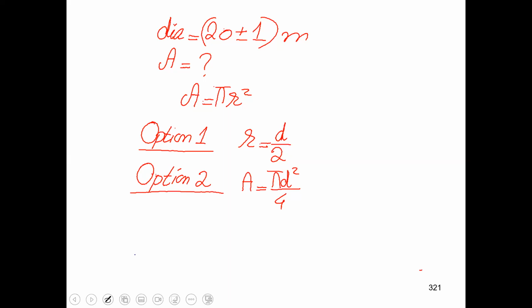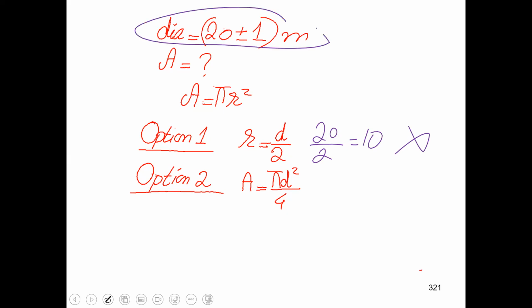Actually, this is a concept of calculation, that there are two possible routes. One is that you divide 20 by 2 and proceed with the calculation. This will make a problem because how will I tackle the 1? Second option, do not alter the diameter, change the formula, and within the formula, put the value as it is and then solve for diameter. This is the second approach.